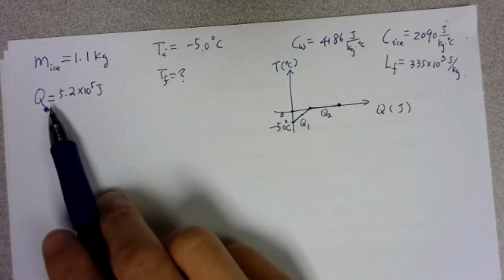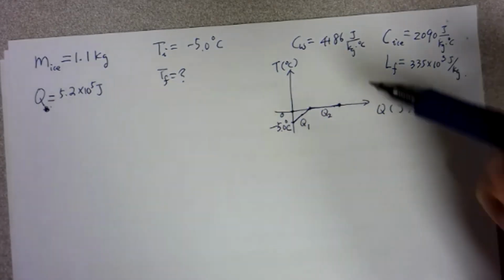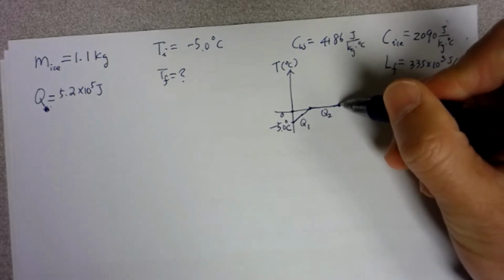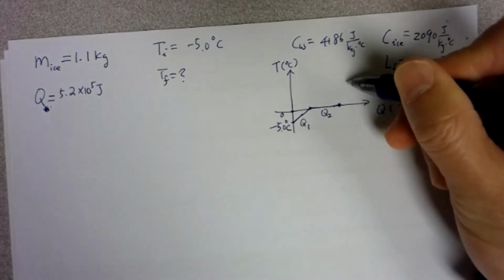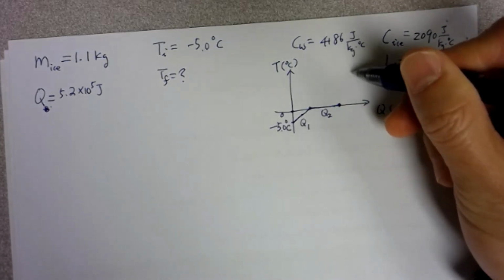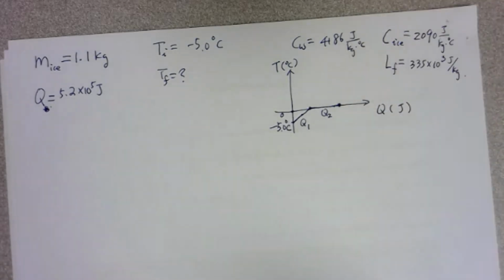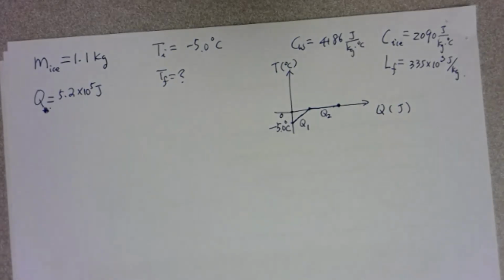If you still have some heat remaining, so Q2 plus Q1 less than Q, then it's going to keep increasing in the form of liquid. So the liquid H2O water temperature is going to be increasing then. But let's just pause for right now, calculating Q1 and Q2 first.